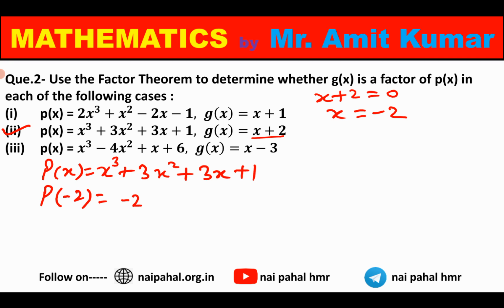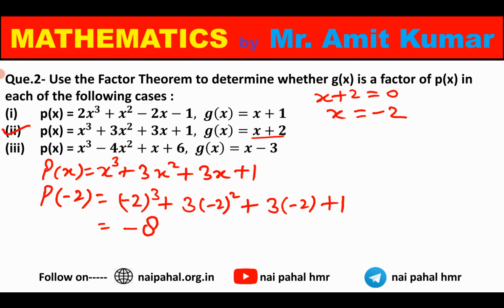Here we have to put the value of x as minus 1: 2 multiplied by minus 1 to the power 3 plus minus 1 to the power 2 minus 2 multiplied by minus 1 and minus 1.